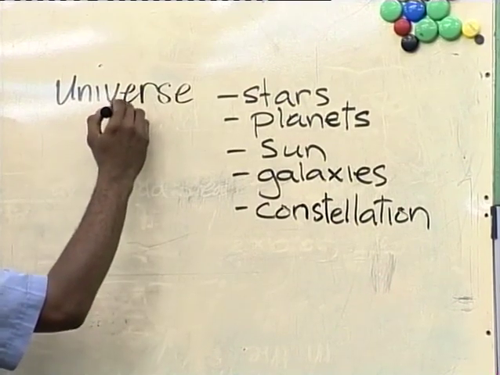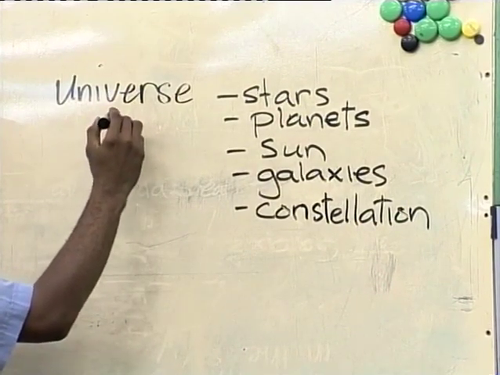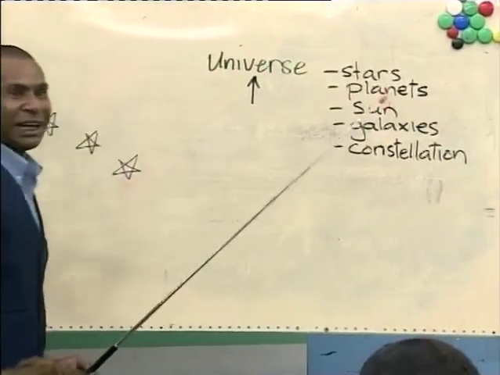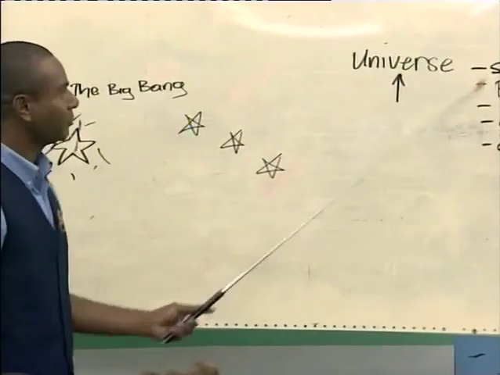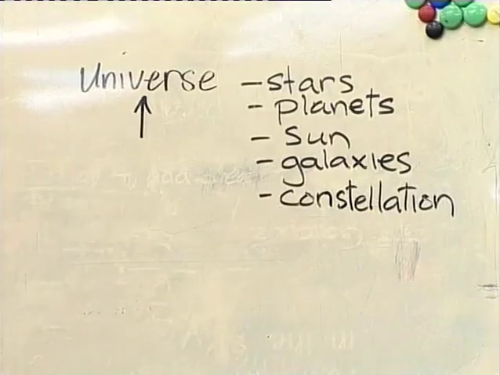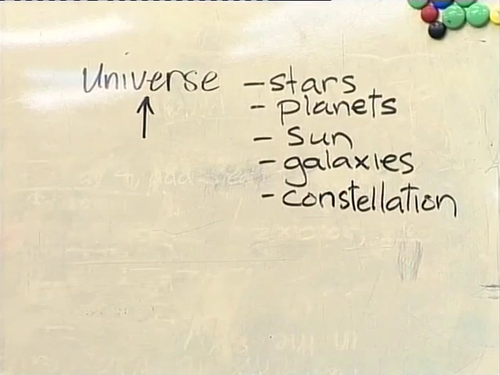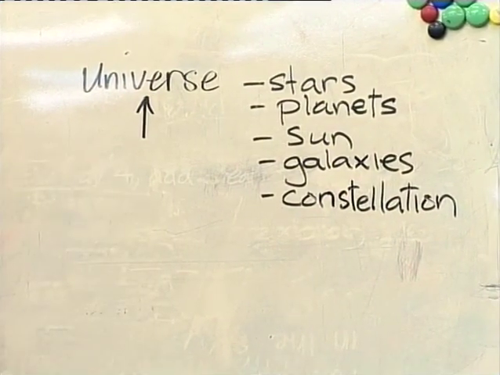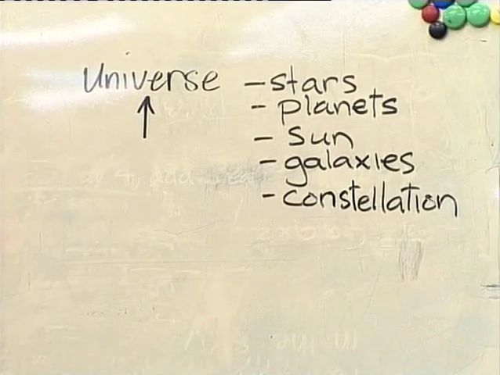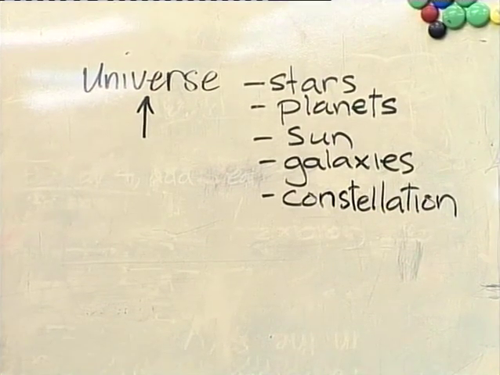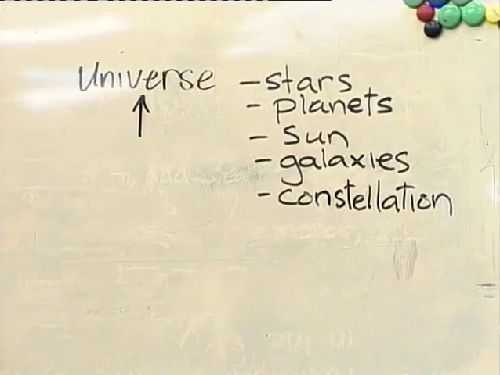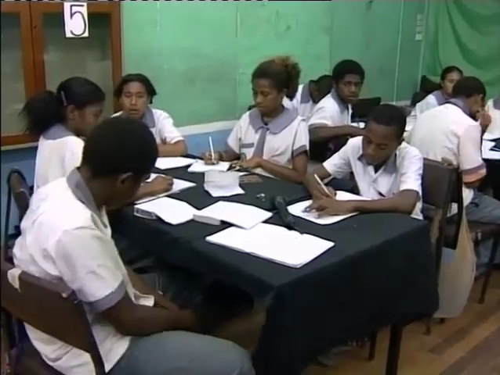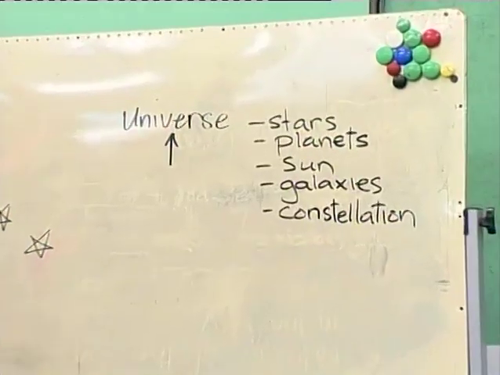After the universe, what is in the universe? What do we have in the universe? What is the biggest of all this? The sun. Okay. Right, the sun. Anyone else? Stars? Kalan? Heavenly bodies. Heavenly body includes all these ones here.